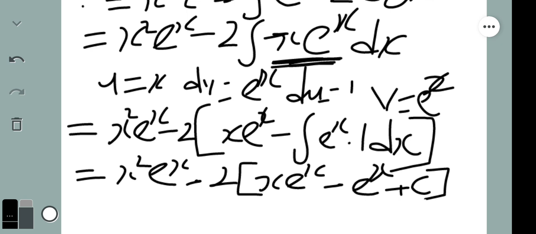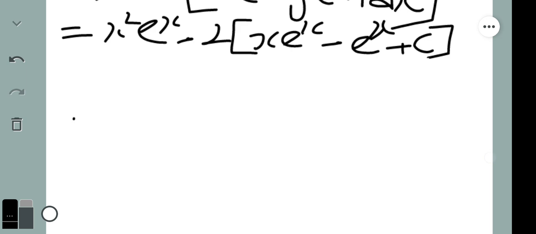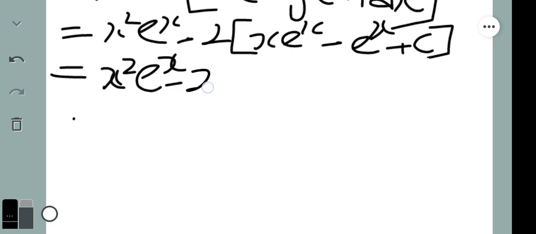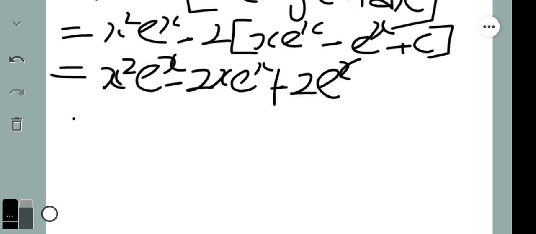So let's expand this further to make it simpler. We have x square exponential x minus 2x exponential x, then minus, opening the bracket, minus 2 times exponential x gives plus 2 exponential x, and minus 2 times c gives minus 2c.